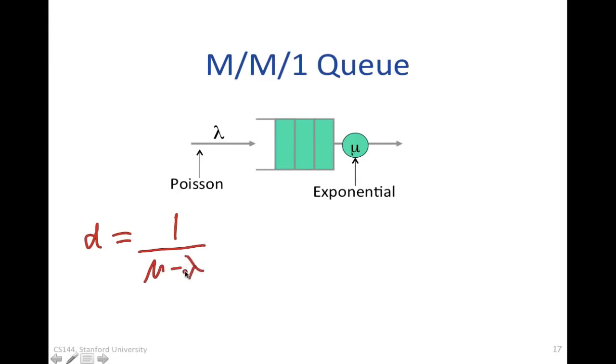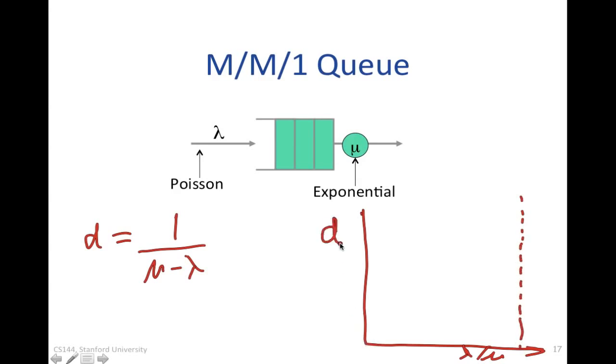What this tells us is that it's 1 over the difference between the service rate and the arrival rate. So as the load increases and gets closer and closer to the service rate, this number will grow very rapidly. If we plot this as a function of lambda over mu, as we get closer and closer to 1, in other words, where they're equal, the average delay of a packet through this queue will increase very, very steeply.